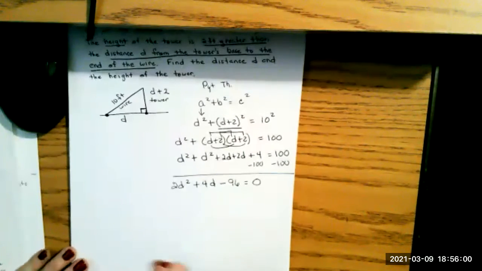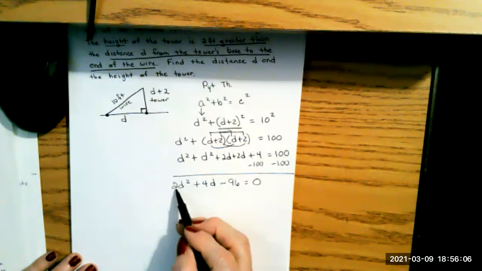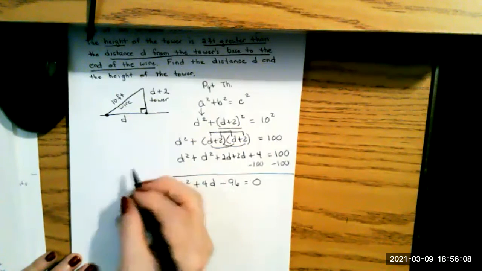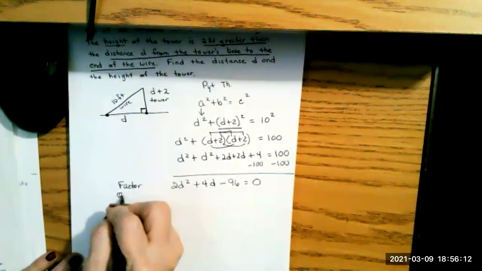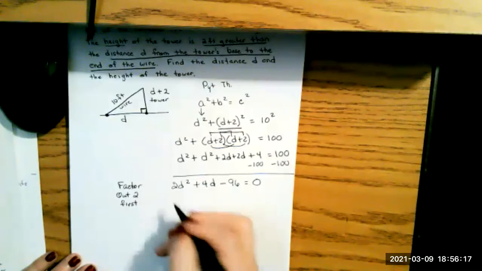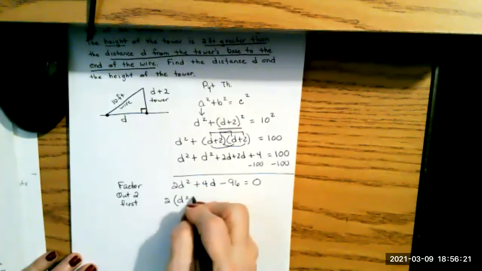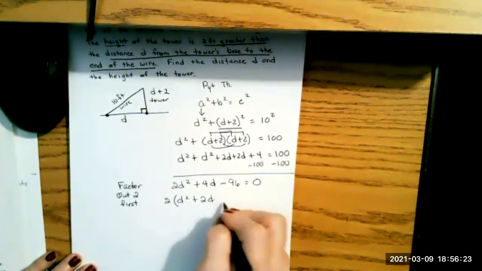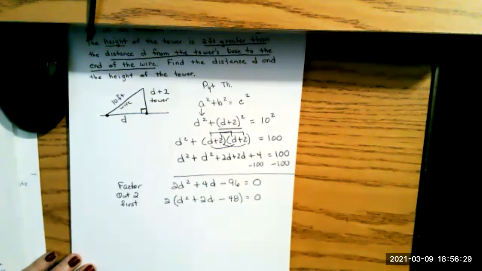Okay, now I'm ready to factor. Well, it looks like I have an AC trinomial, but if I'm careful, I'll see that there's a 2 in each one of these. So I'm going to factor out 2 first. When I factor out the 2, I'm going to have a d squared plus 2d minus 48 equals 0.